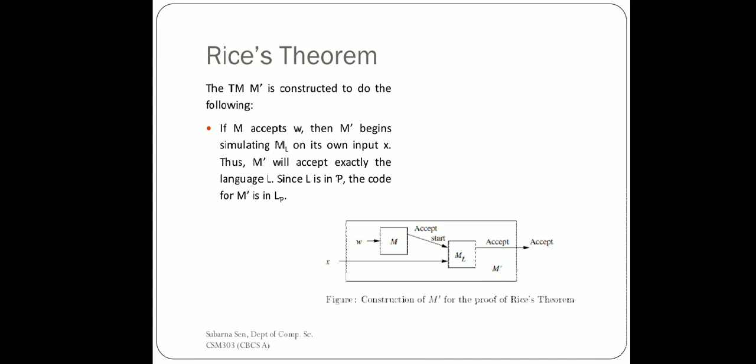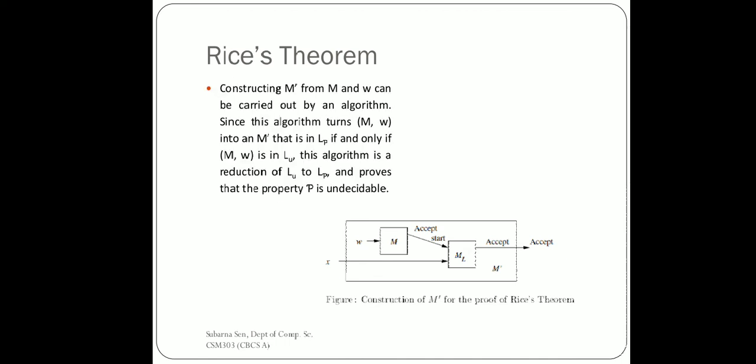Now M dash will accept exactly the language L, the language of machine ML. Since X has been fed to ML, it may either accept or reject based on whether the string falls under the language which ML accepts. Since L is in P, the code for M dash is in LP. Here it is working fine, but for the previous case it was not working correctly.